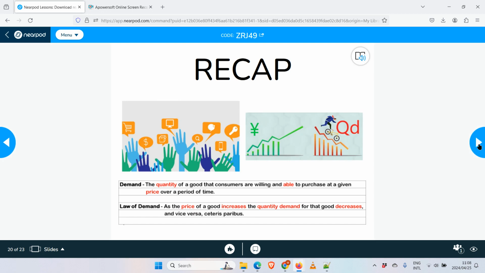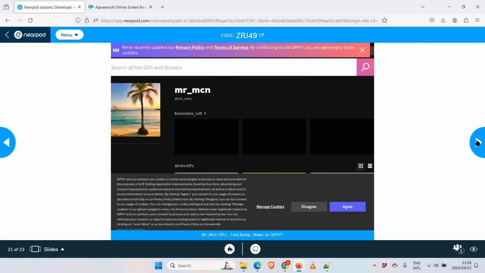So we have a definition of demand, a definition of the law of demand, and these images reflect demand and the law of demand. If you go on to the next slide, we have some gif moving images.